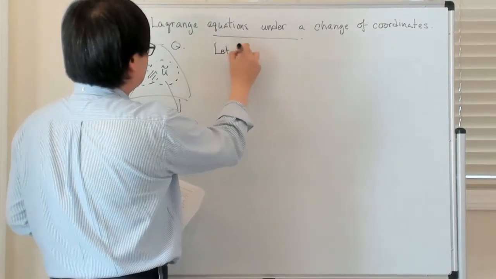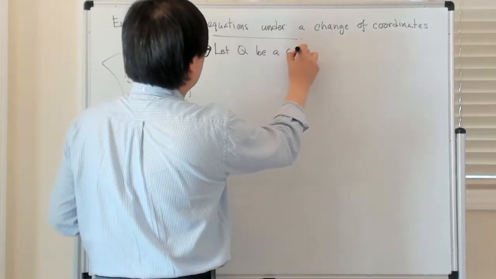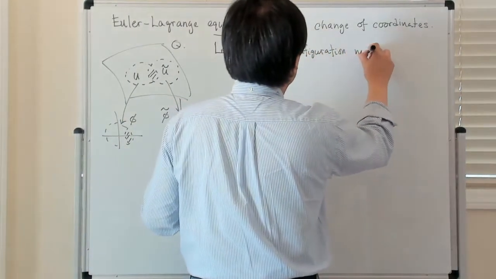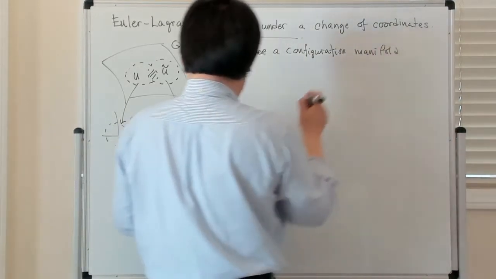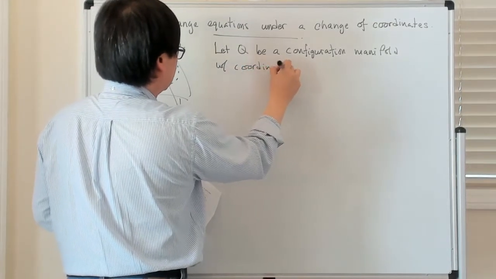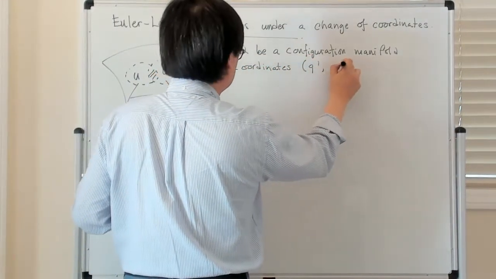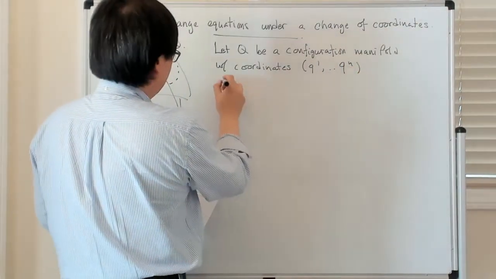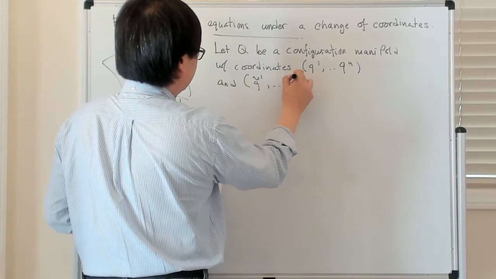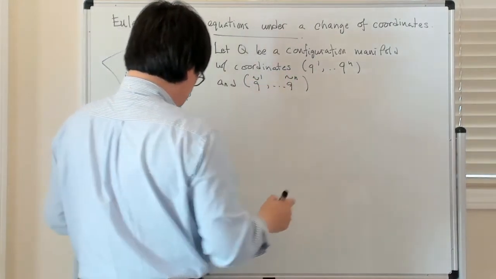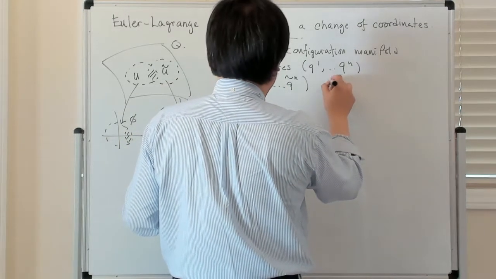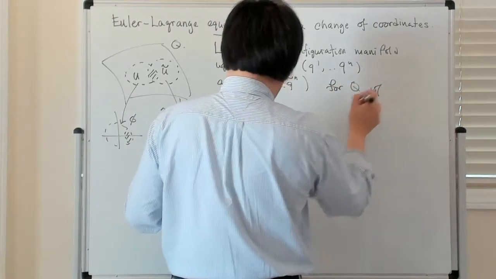Okay, so I have a configuration manifold Q. So let Q be a configuration manifold with coordinates, let's call that q1 to qn, and q1 tilde to qn tilde, for Q with overlapping charts.